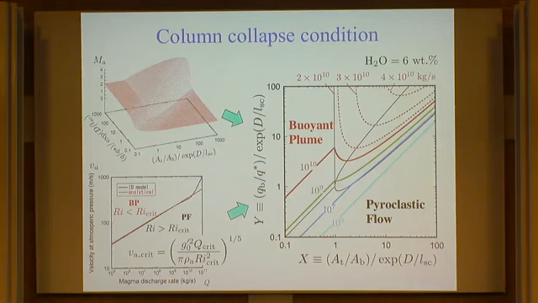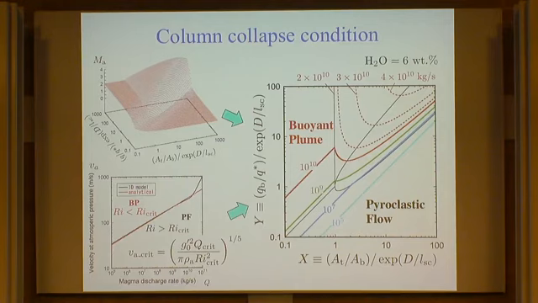So, for example, if you give a magma discharge rate of 10 to the 10th here, then we can calculate the critical velocity using this diagram. From the contour of that velocity, we can draw the boundary of the buoyant plume and the pyroclastic flow, like this. And as you change your magma discharge rate, the velocity at the atmospheric pressure changes, and then the contour will change and the boundary will change, something like this.